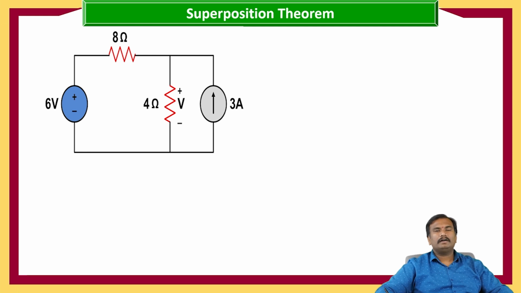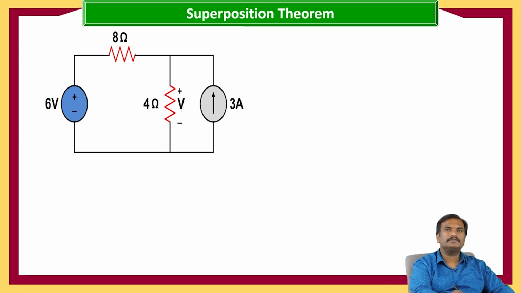Now let us go with another example. Here it is asked to calculate the voltage across the 4 ohm resistance when two sources are acting.